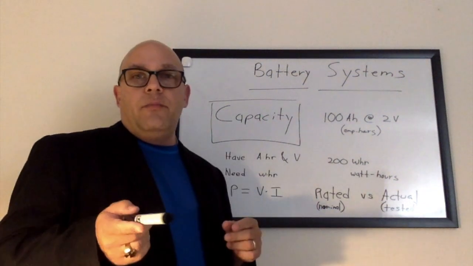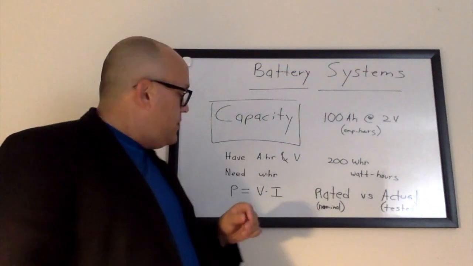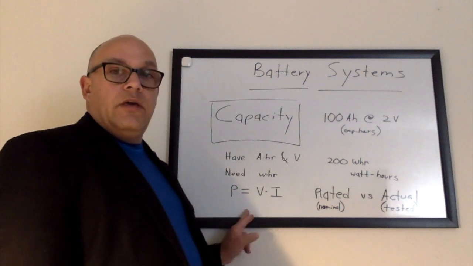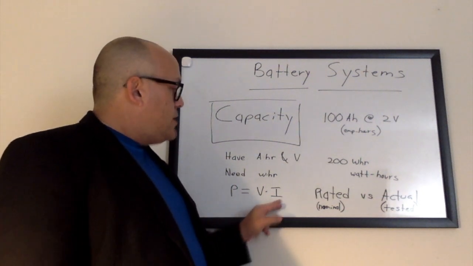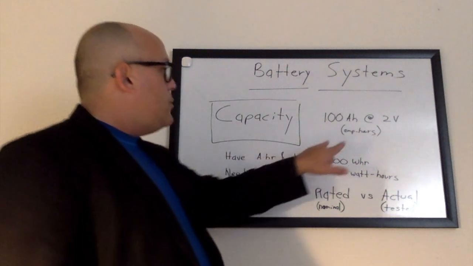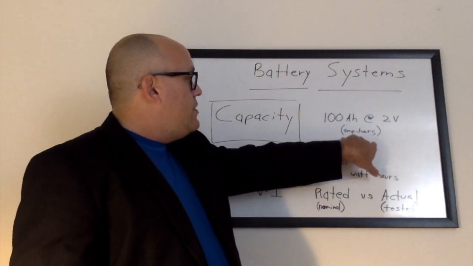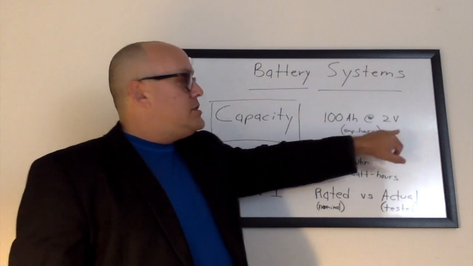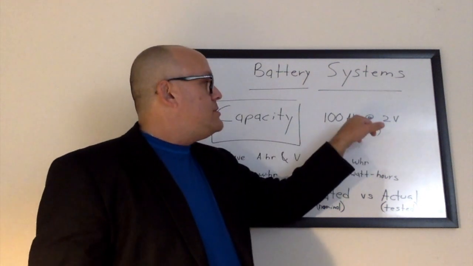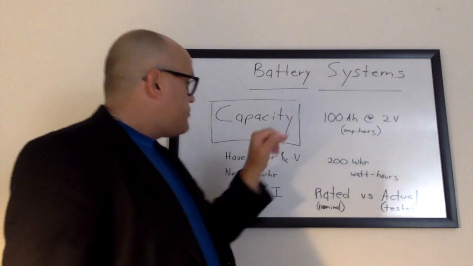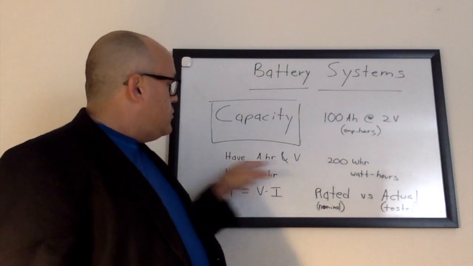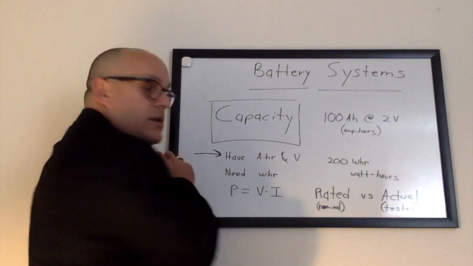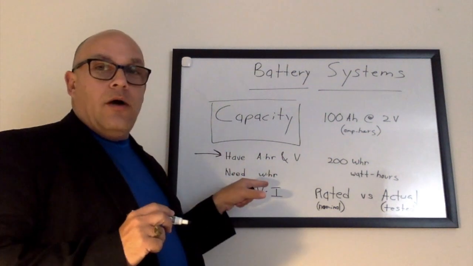Okay, so the fundamental equation for power in electricity is power equals volts times current, right? P equals VI. Straightforward equation. So if we start out and ask ourselves what we have, given this 100 amp hour capacity at 2 volts, we have amp hours and we have volts. What we need is watt hours, okay?